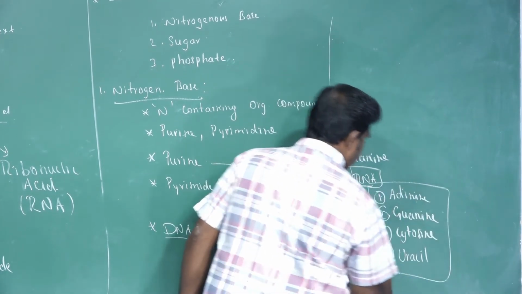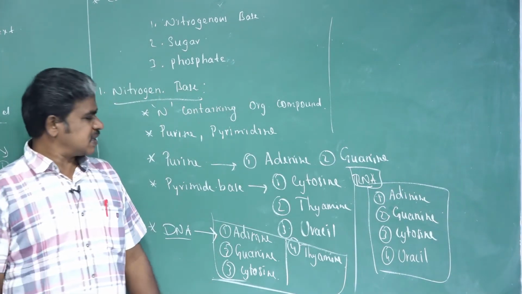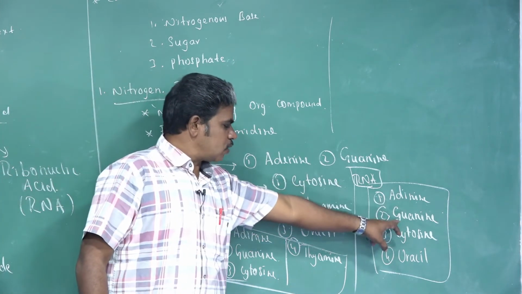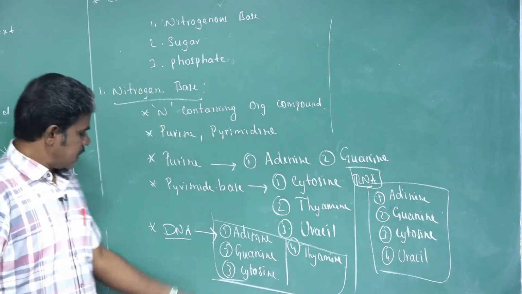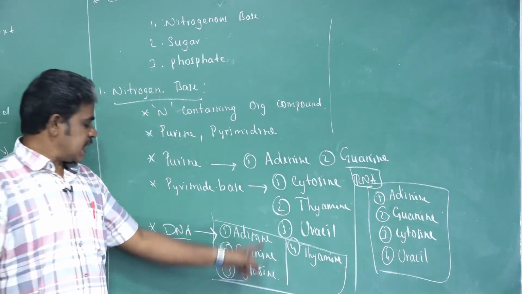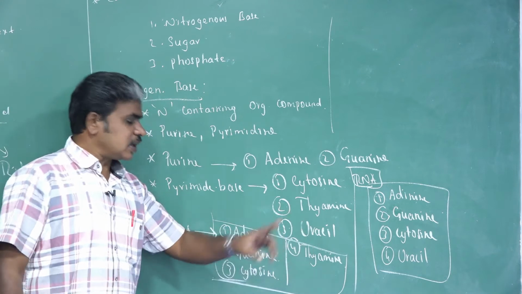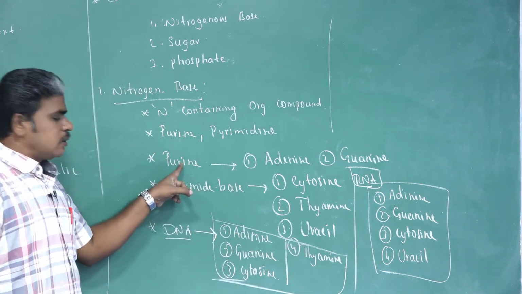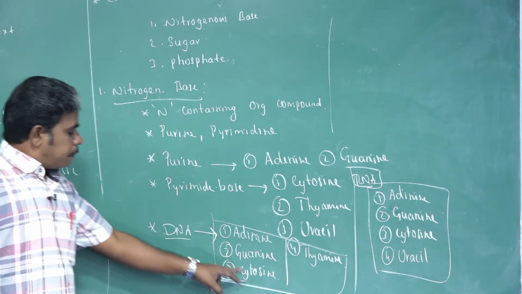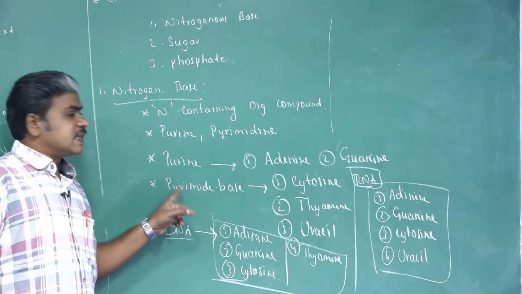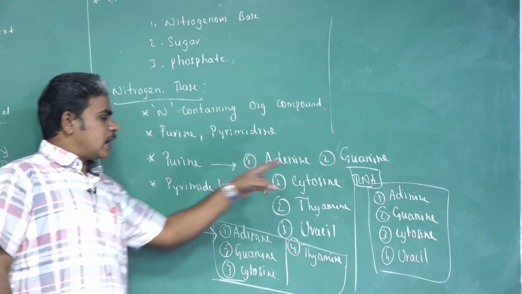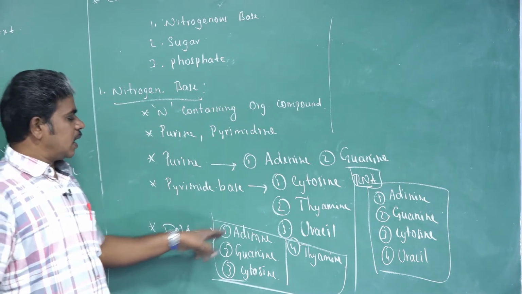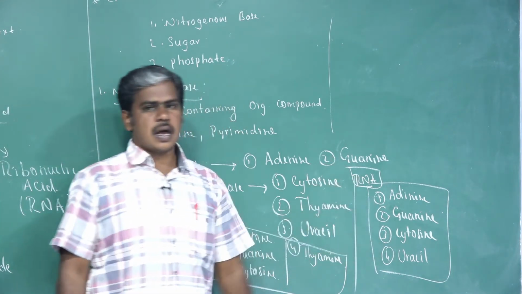These are the four nitrogenous bases present in RNA. DNA contains adenine, guanine, cytosine and thymine. Adenine and guanine are purine bases. Among the pyrimidine bases, cytosine is common to DNA and RNA, thymine is present in DNA and uracil is present in RNA.